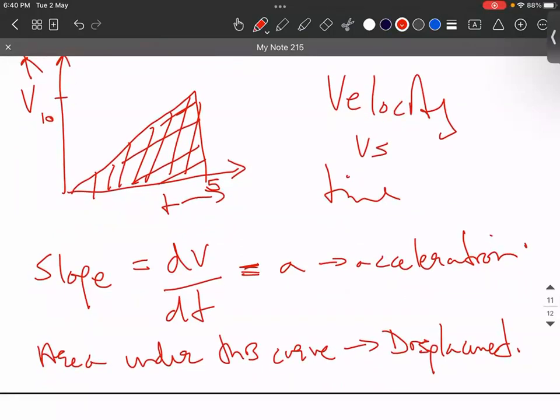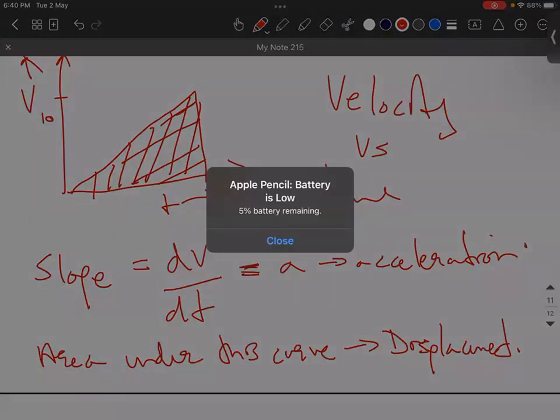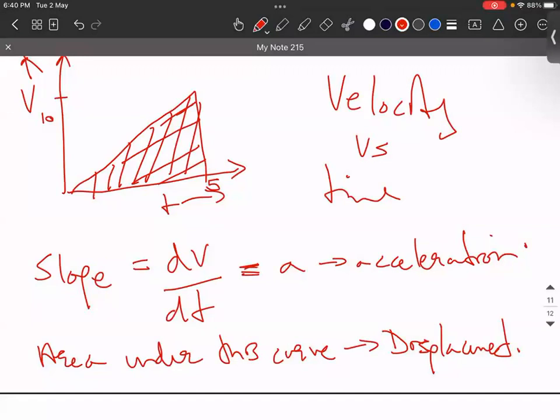So just to summarize, all the graphs are about displacement, velocity and acceleration. Slopes give limits of this, and the area under this curve gives the other.